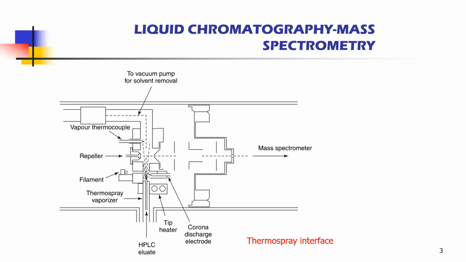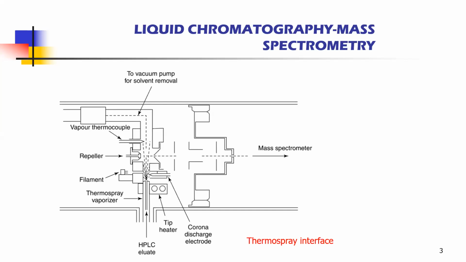So when buffer is present in the mobile phase and analytes are largely ionic in nature or give preformed ions in solution, the ion evaporation mechanism is observed. So when we consider the mobile phases that are used in liquid chromatography, that gives the path for formation of molecular ions. Okay.